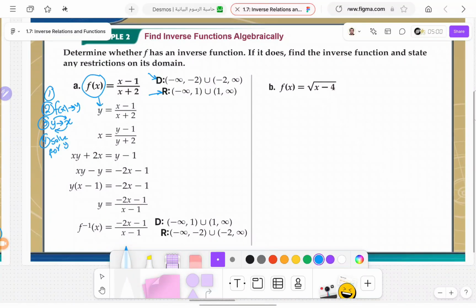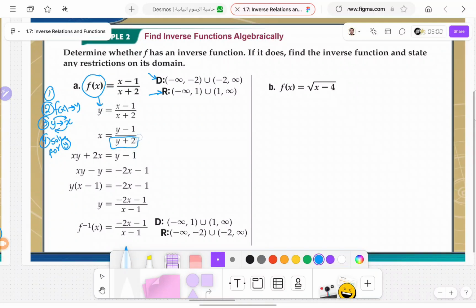Solve for y. So now we need to isolate y. As you can see here, how can we isolate y in this step? First, when you have a denominator, you need to remove the denominator, to simplify, or you can take the common factor. Now, how can we remove the denominator?